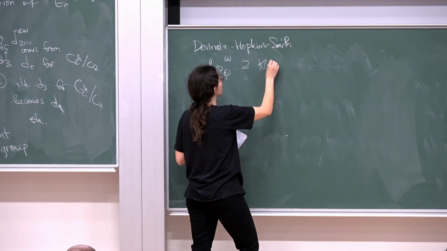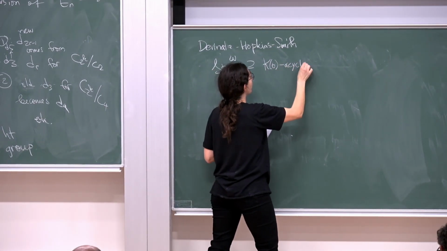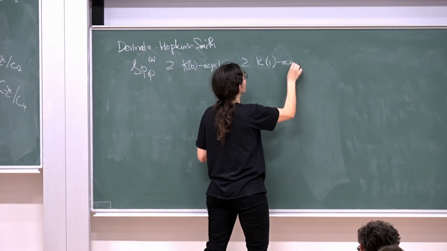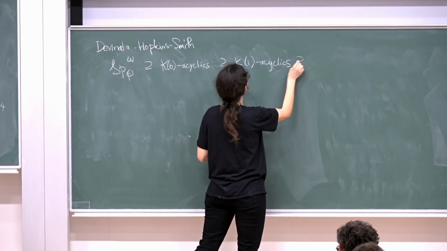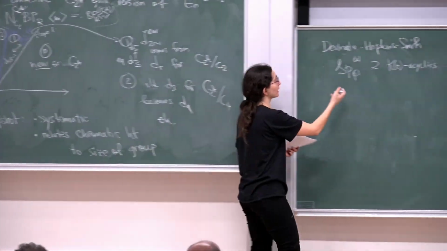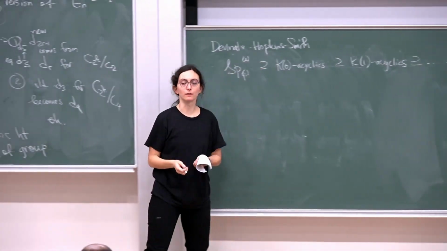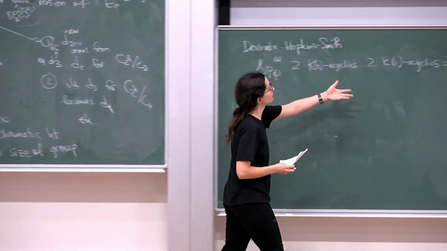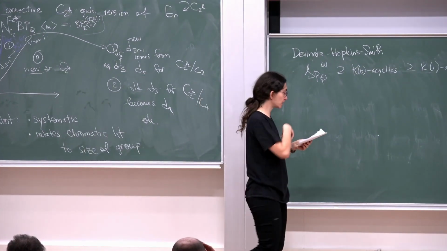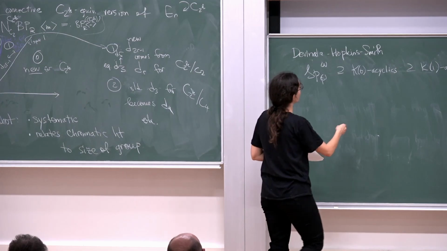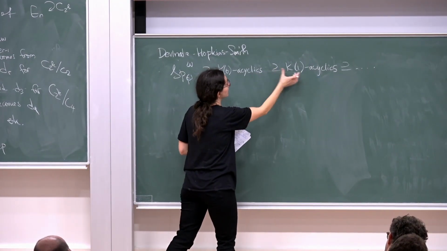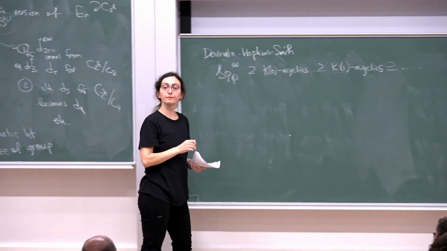So we have the K0-acyclics, and then the K1-acyclics, and so on. What they showed is that these inclusions are all strict. This is a full classification of the thick subcategories of finite spectra.